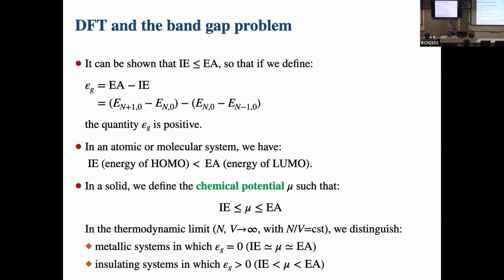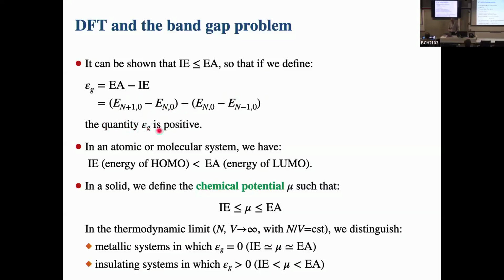So in practice, it can be shown that the ionization energy is smaller or equal to the electron affinity. And so we can define a quantity, the electron affinity minus the ionization energy, that is given formally by this difference here. So basically you have En+1,0 plus En-1,0 minus twice En,0.